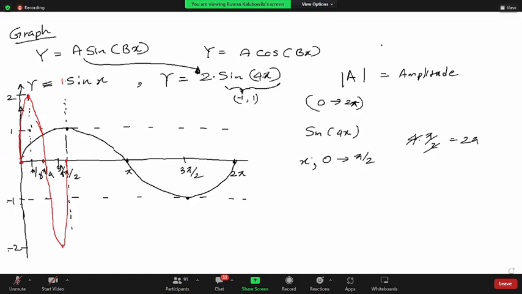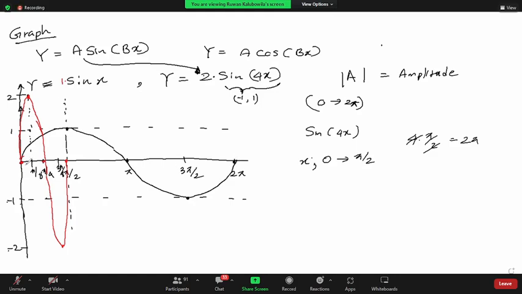Then you can see if we have some multiplier in front of x, what happens to the period? Let's call that term the period. Period means, in the original sine wave, from here to here is the period, the length to complete a single cycle.